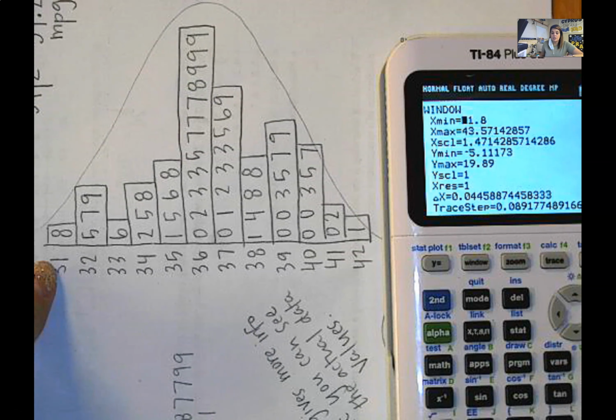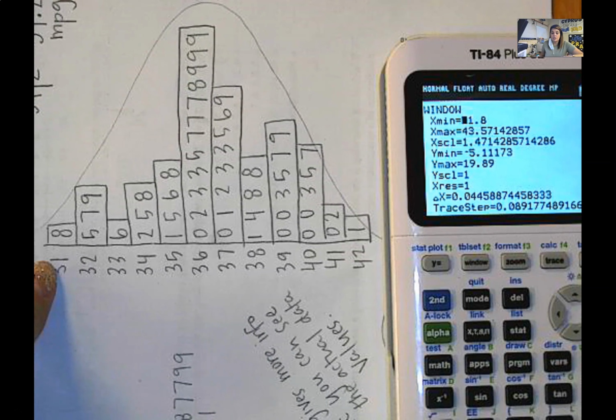Then the next part of this problem wants us to use our calculator to construct a histogram. You're going to want to go through and enter in all of these data values. I would go using the columns again, and once I get to the bottom, I would just draw a straight line through it so I know which ones I've entered.